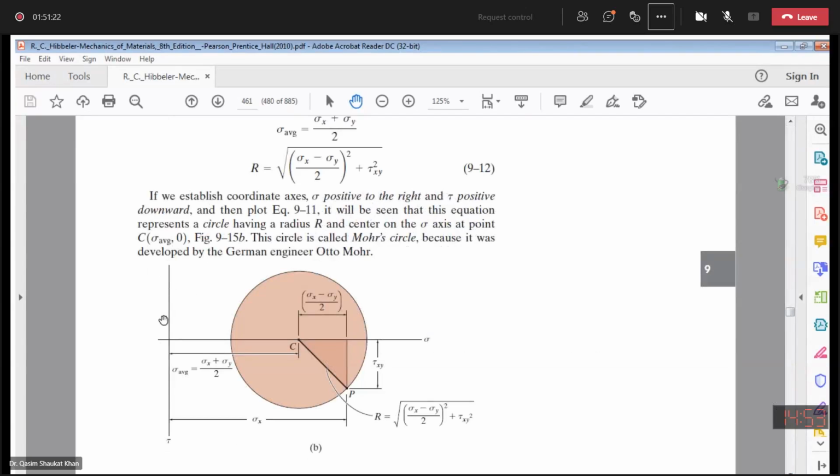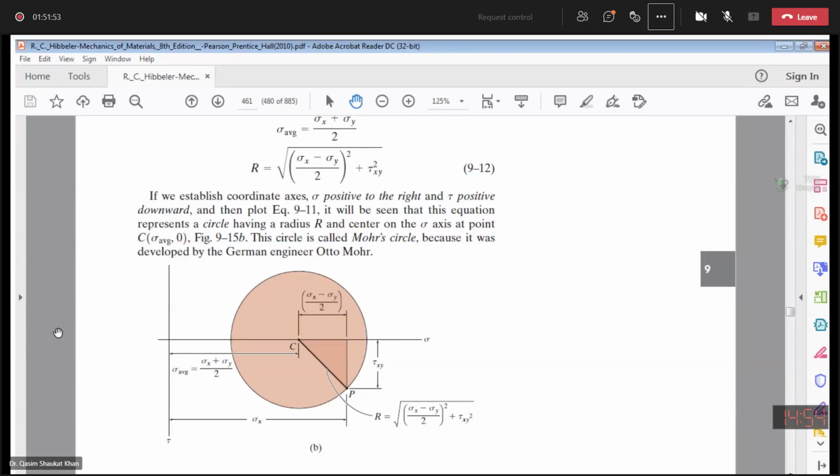First of all, the vertical axis is shear stress and the horizontal axis is normal stress. Along the normal stress, if it is towards the positive x-axis, it is positive. If it is towards the negative x-axis, it is negative, the same as with the regular x and y-axis.